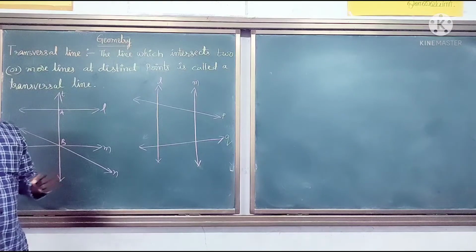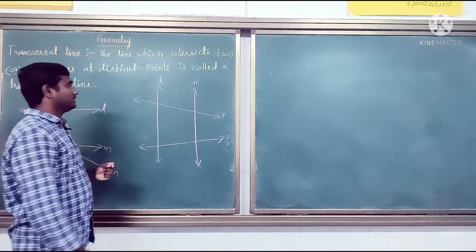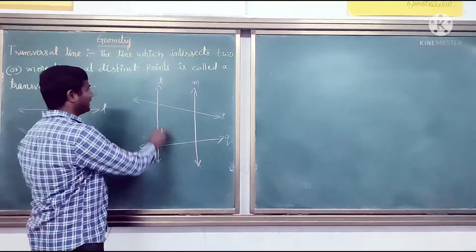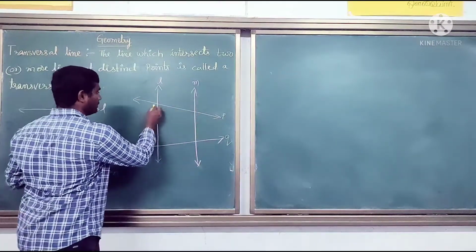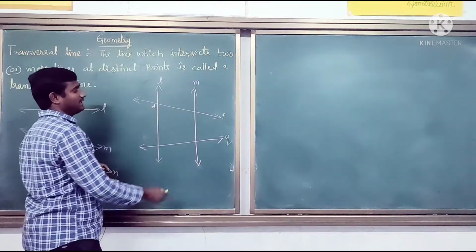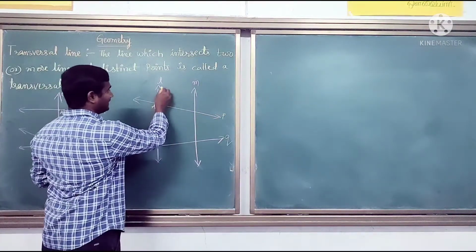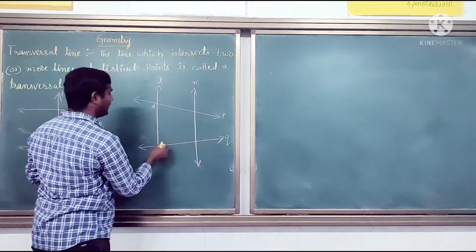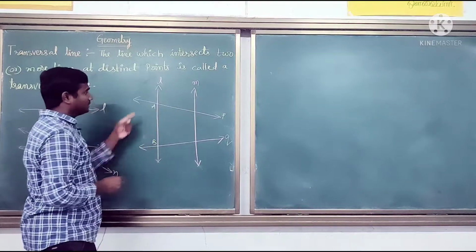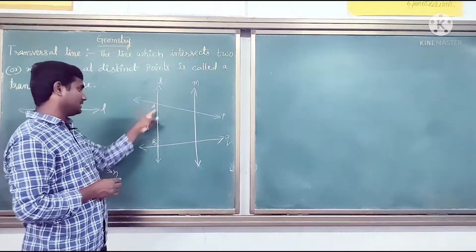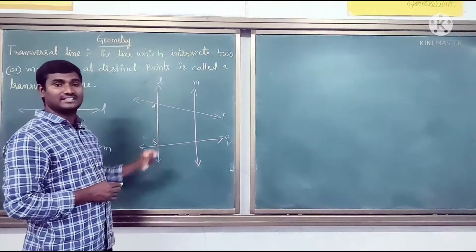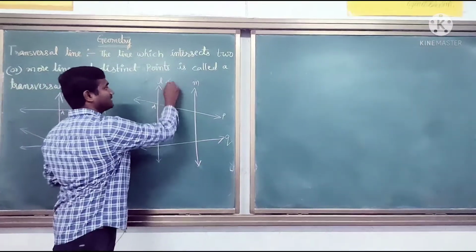Line l is intersecting line p at some point, you can take A, and line l is intersecting line q at some other point B. So line l intersects p and q at two distinct points. Yes, l is a transversal line.